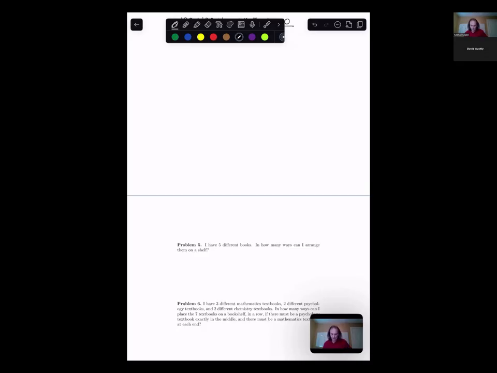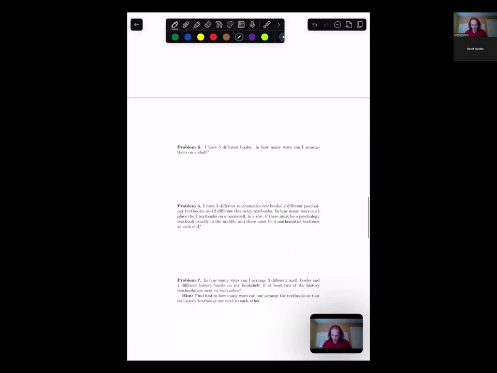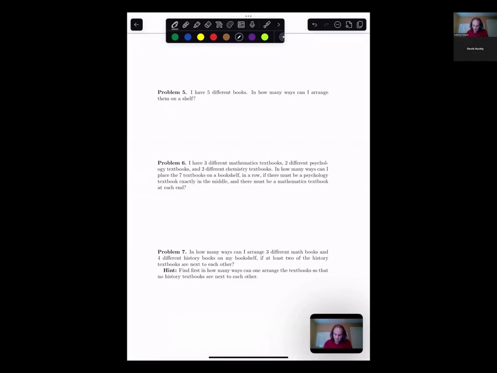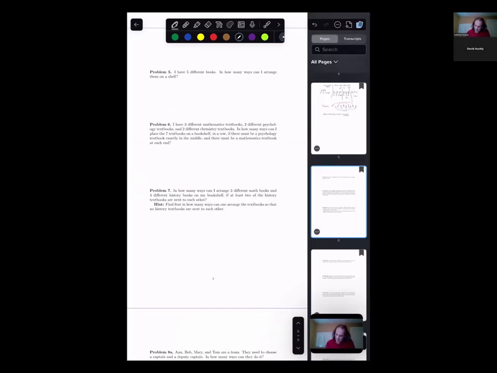Before we get there, I have a few more problems that I want to discuss. Next problem: here I have 5 different books, and I want to arrange them on the shelf. In how many ways can I do that? I can put them in any order, so basically the question is, how many different orders do I get? Let me add a page.